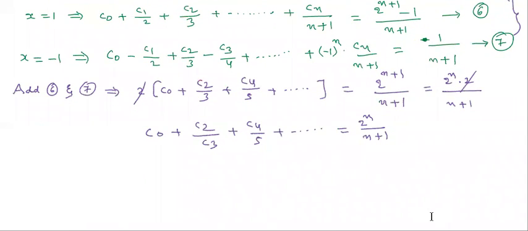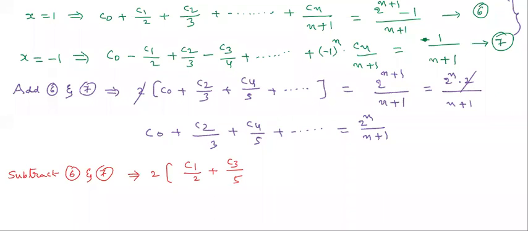If you are subtracting 6 and 7, tell me what happened. Subtract 6 and 7. Then what happens, students? 2 into (C1 by 2 plus C3 by 4 and so on).